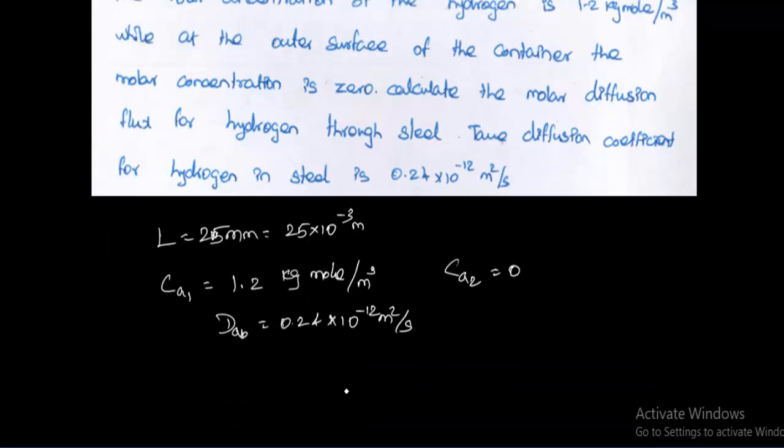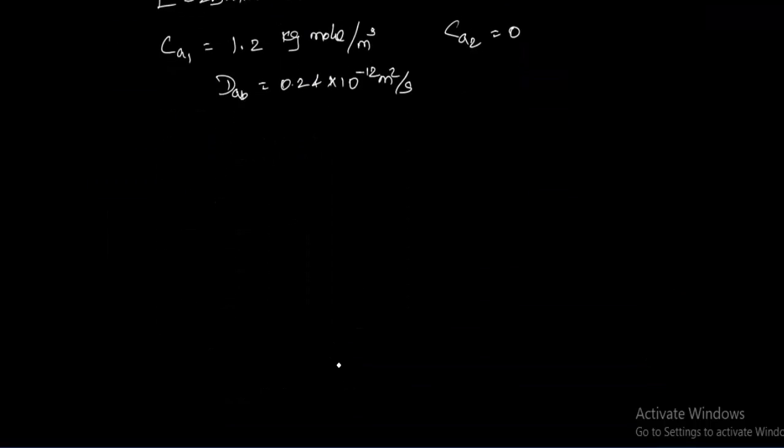So now you have to find out the molar flux M dot A divided by A, right? So you know from the HMT data book, write the page number. I think it is 173, right? 173.